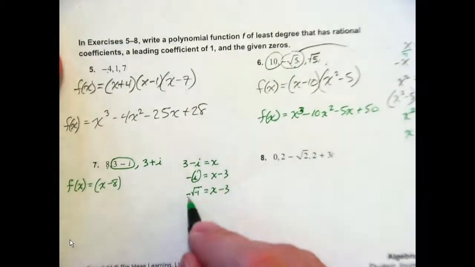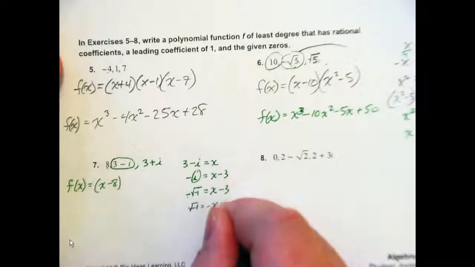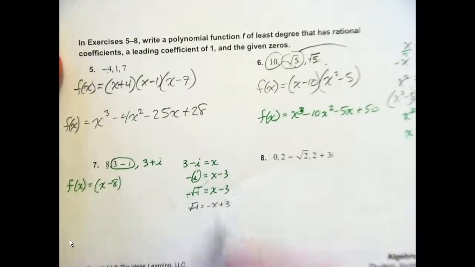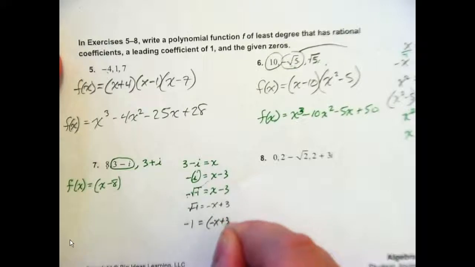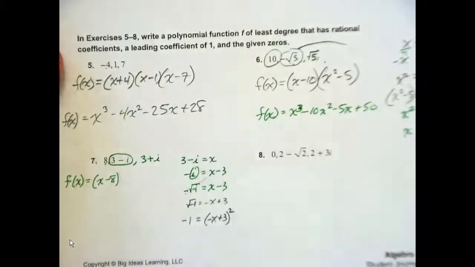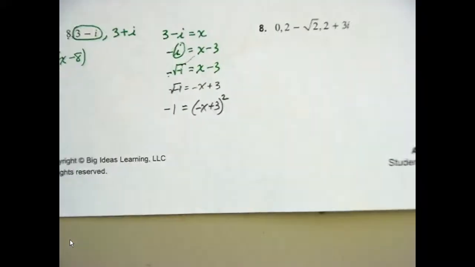So the next piece is to divide by -1. This becomes -x and +3. We flip both those signs. And then how do I get rid of that? I square it. So I get -1 is equal to -x plus 3 quantity squared. All right?